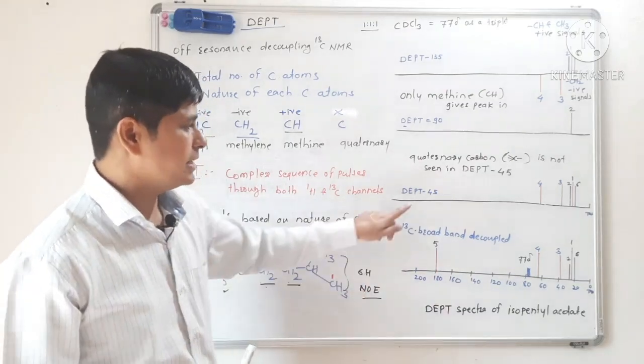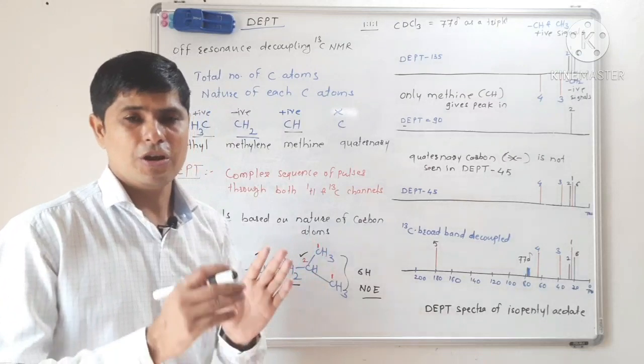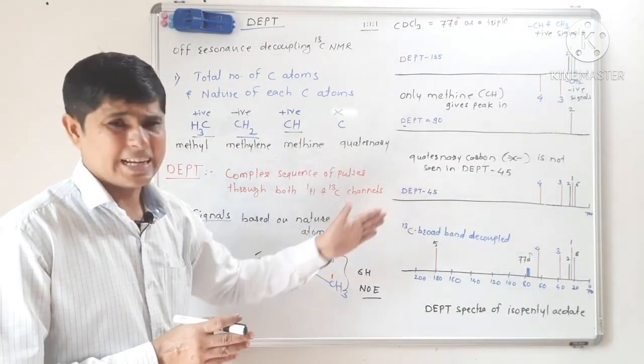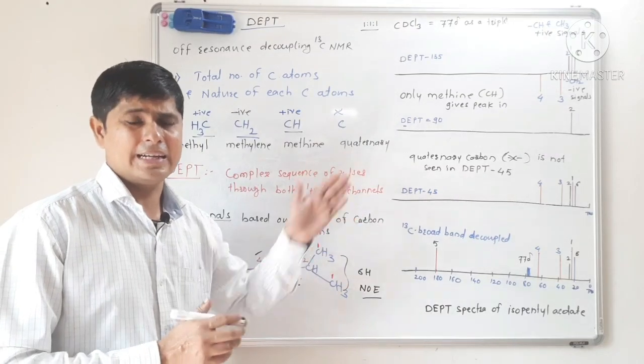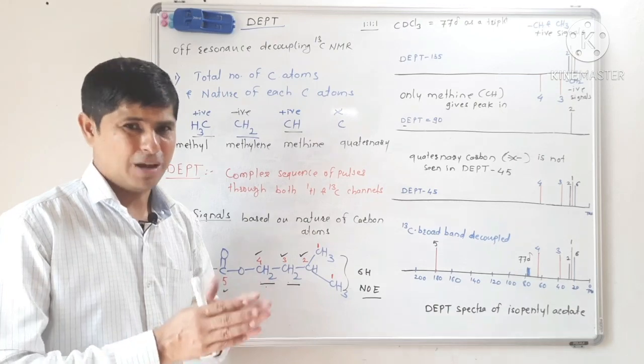So this is DEPT 45, DEPT 90 and DEPT 135. I hope you have understood these three techniques in much more detail. Thank you very much. Wish you happy learning. Thank you.